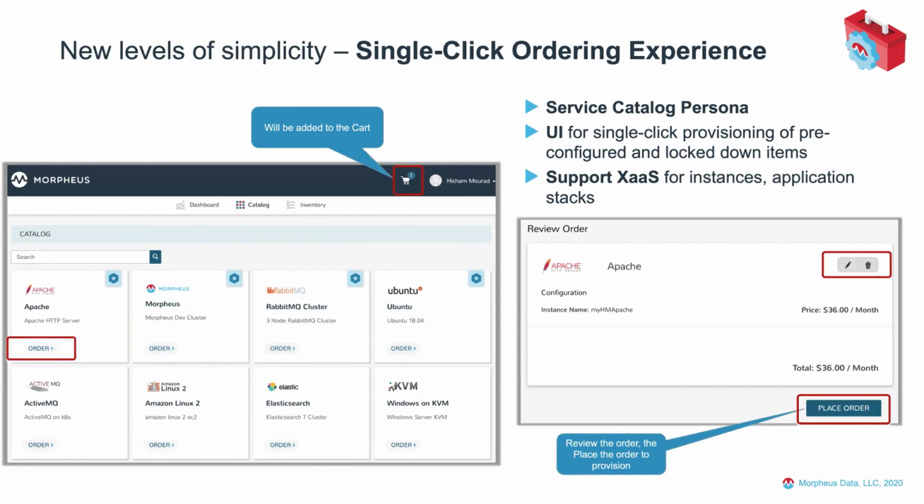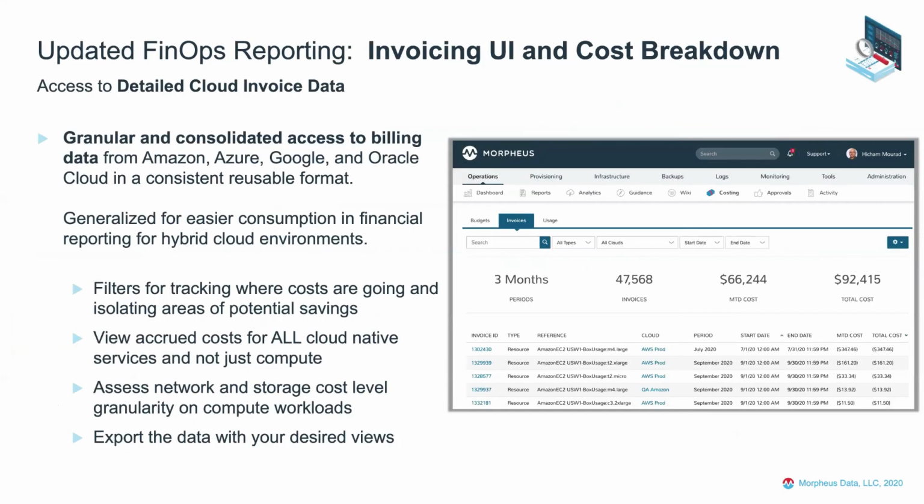Any approvals, any incident, CMDB integration, all that still happens just like it does today, but it happens automagically for those users. They don't get to see it. It's a very simple experience. And again, we're going to be continuing to enhance this anything-as-a-service experience for instances, for application stacks, and we're going to continue to provide more things as part of that as well.